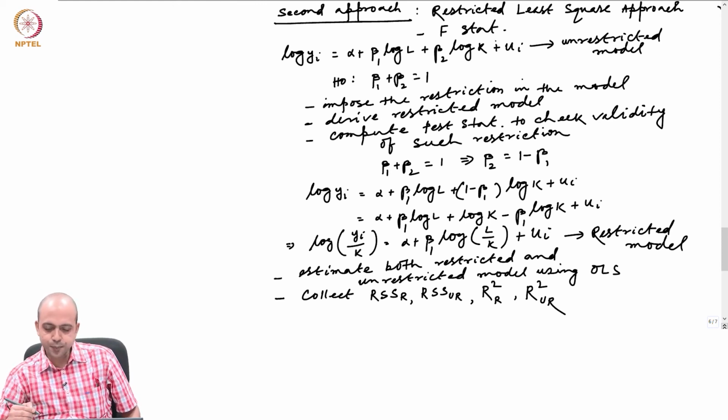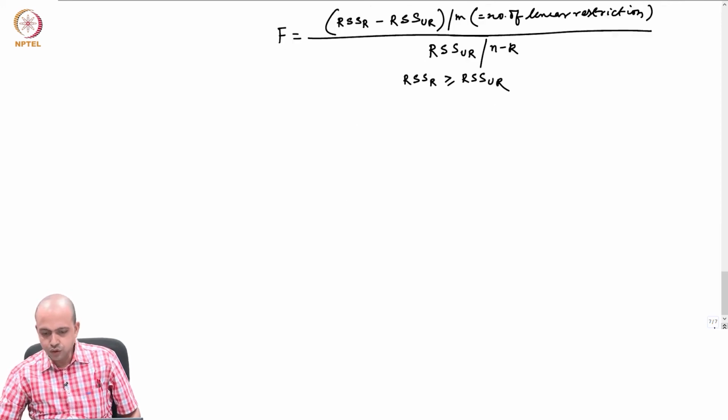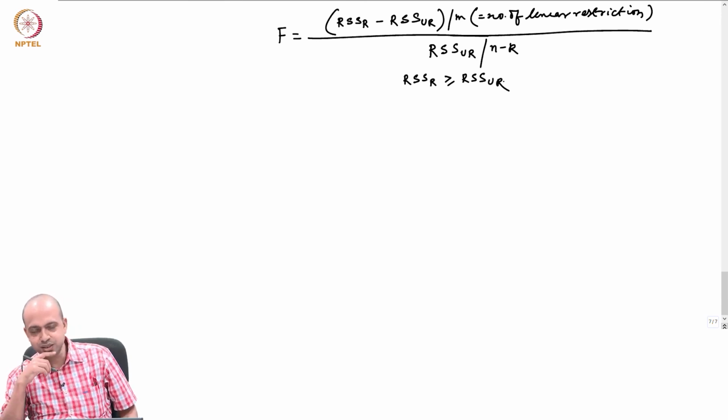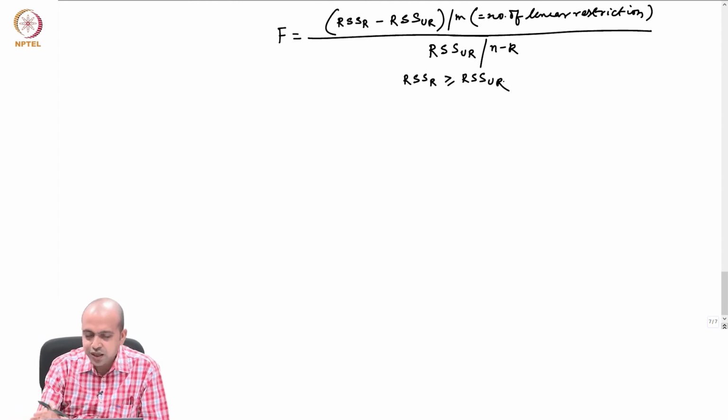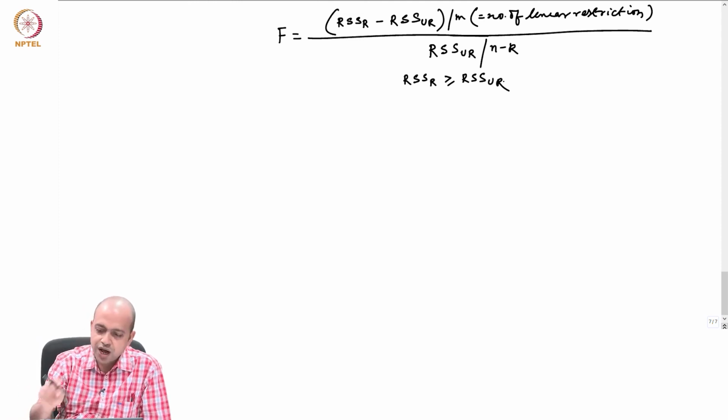So, obviously, when the number of explanatory variables goes down, the RSS would become higher, or at least higher or equal, at least it will not come down. So, that means RSS in the restricted model should be more than or equals to RSS UR, since in the restricted model you have less number of explanatory variables. This is the F statistic you can calculate using the RSS.